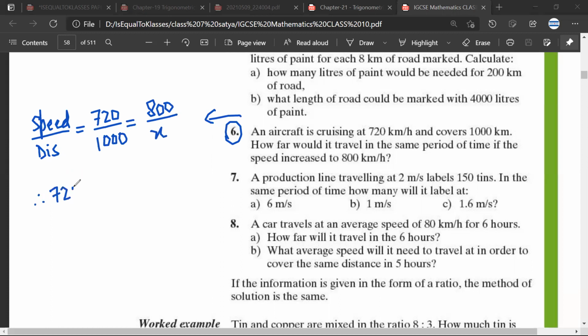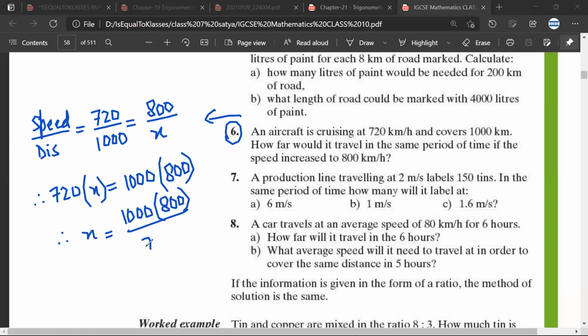So 720 into x equals 800 into 1000. 720 will come to the right hand side. Satya, any doubt? No, sir.